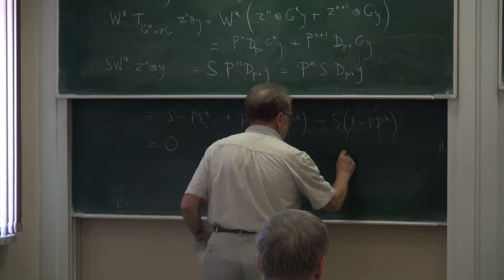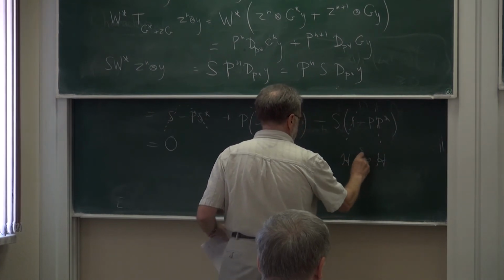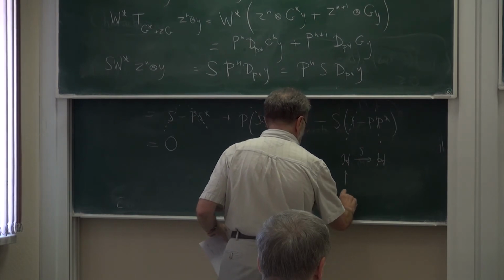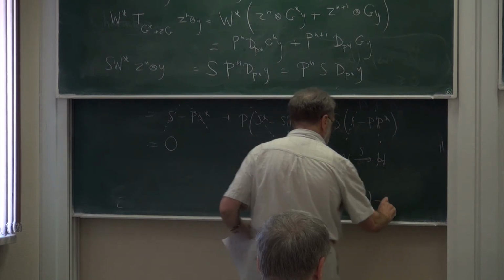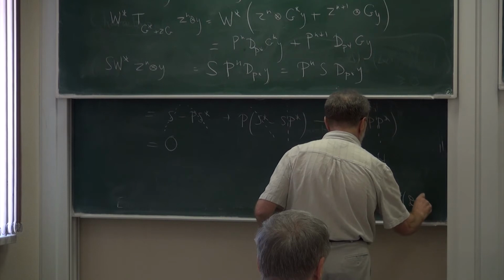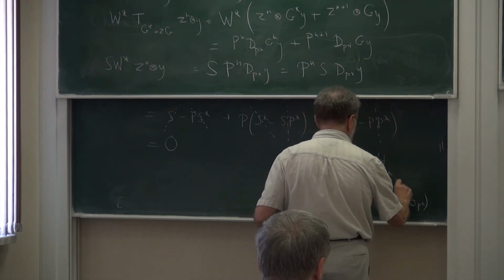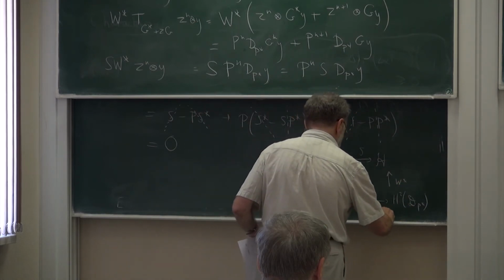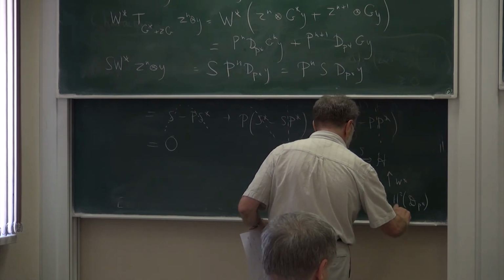So we had this diagram, H, S, H2, dP star, H2, dP star, and this is W star, and this is T, G plus, G star plus ZG.